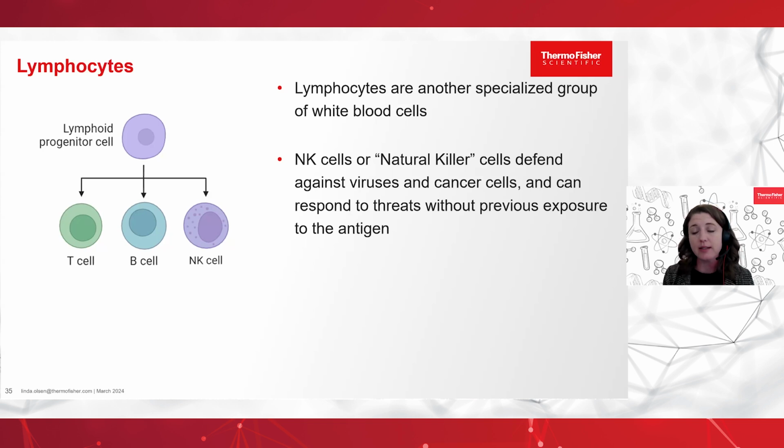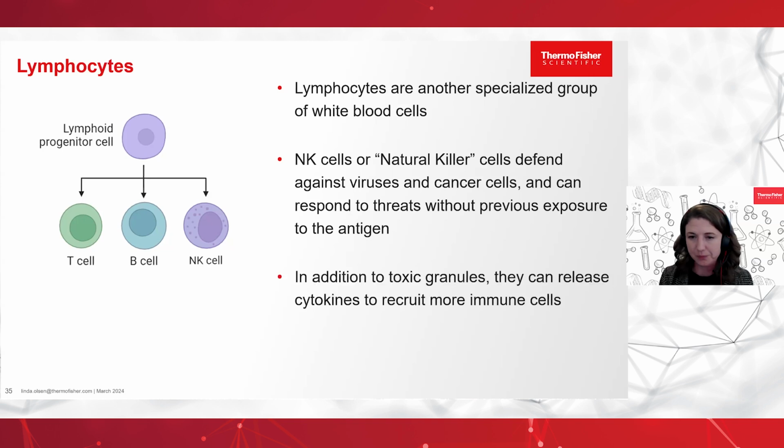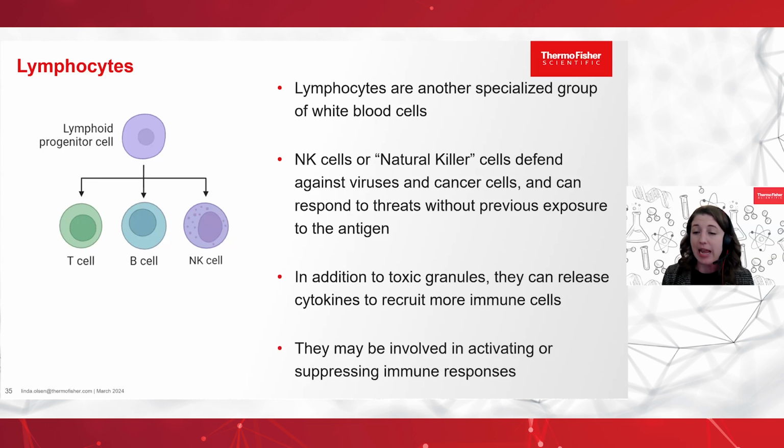So they can notice something that doesn't belong there and attack it without having a specific receptor for it. In addition to toxic granules, they can release cytokines to recruit more immune cells, and they may be involved in activating or suppressing immune responses depending on the signals that they get.